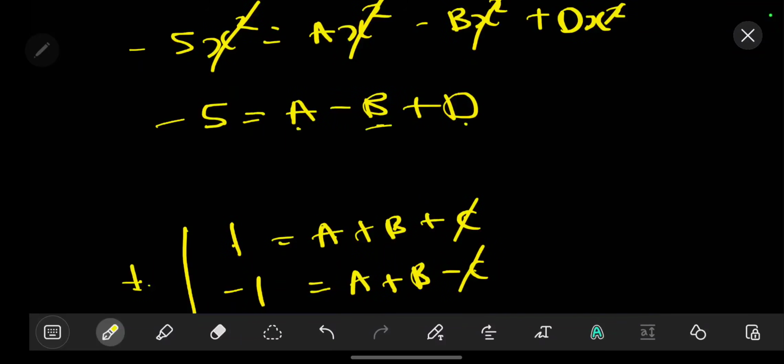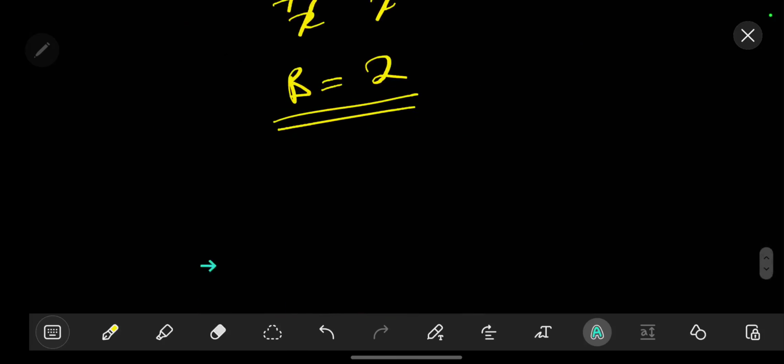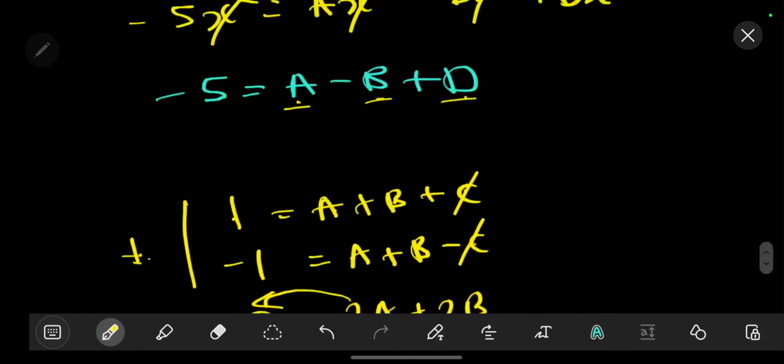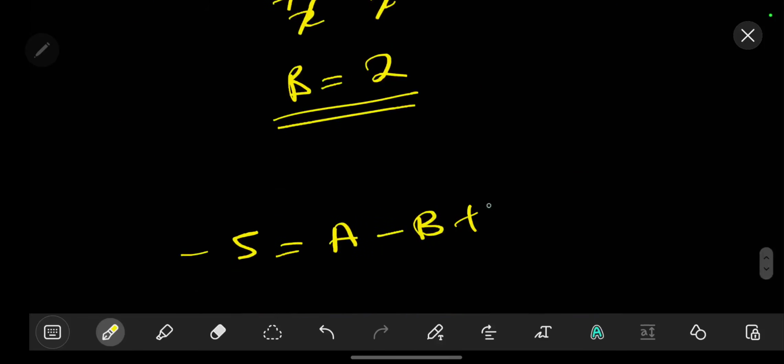Now that we know our a and our b, it's good to find one value, but if you can't, you just have to use the simultaneous equations. So getting this equation, we have negative 5 equal to a minus b plus d.